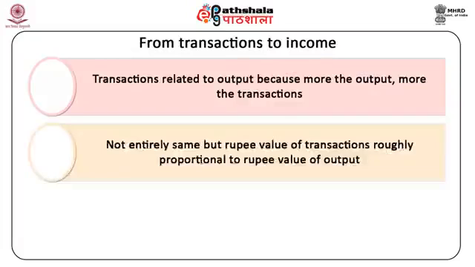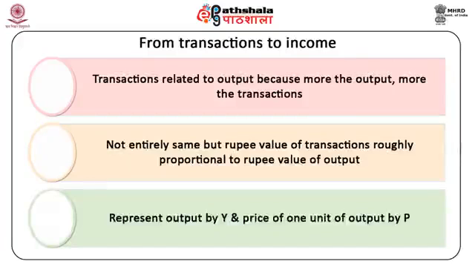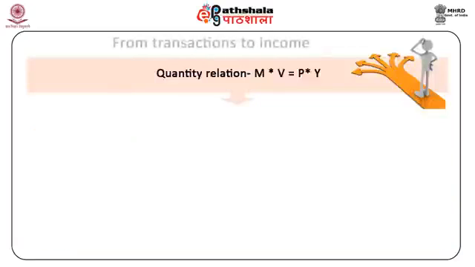Although they are not entirely the same, the rupee value of transactions is roughly proportional to the rupee value of output. So, if we represent output by Y and the price of 1 unit of output by P, the quantity relation can be expressed as M into V is equal to P into Y.